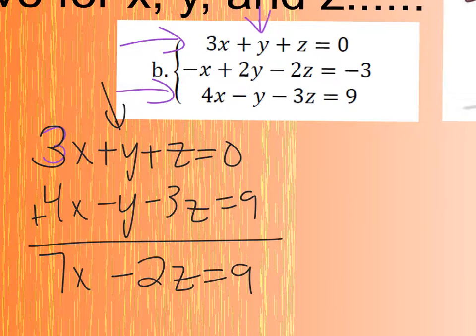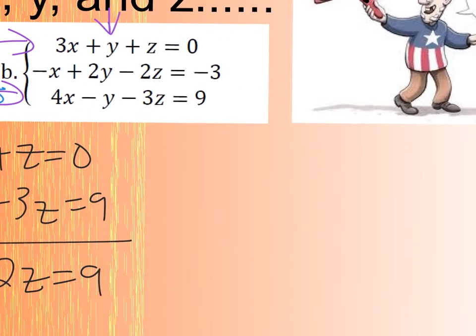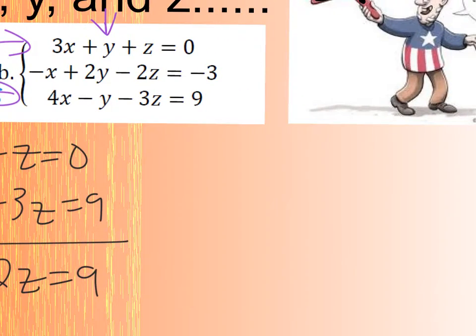Then what I might do is this. I might say, let's go here. I might say, you know what? Let me go with this one and this one. Let me go with that second and third one. And I'll say, but I'm going to double that bottom one.